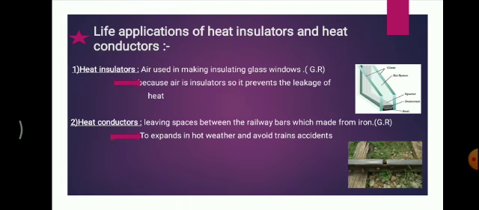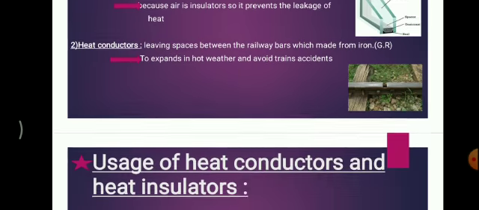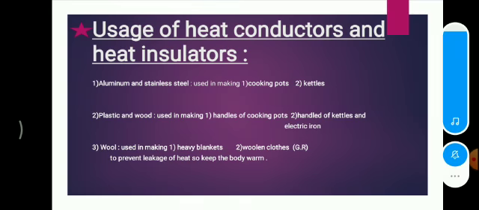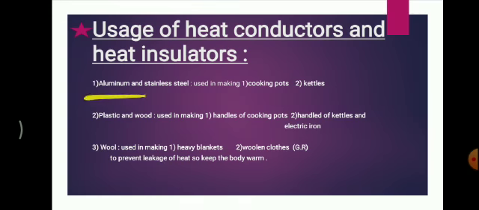Let's talk about the last point in this lesson, which is the usage of heat conductors and heat insulators. At first, let's talk about the usage of heat conductors, for example aluminum and stainless steel.